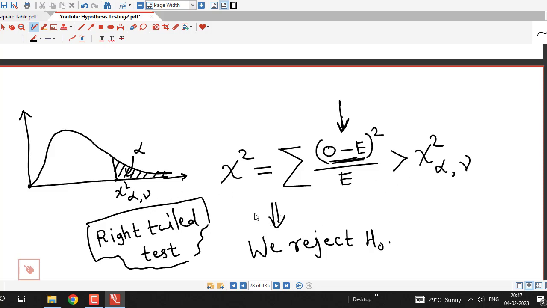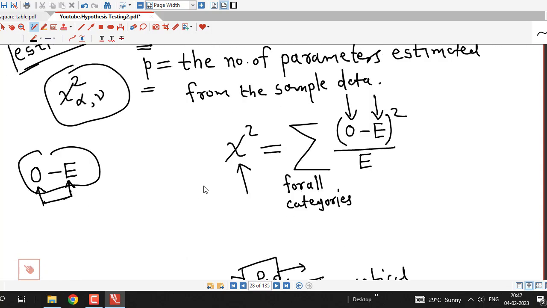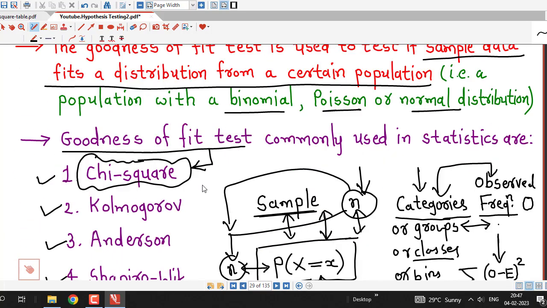So whenever this difference is big, we have more chances of rejecting the null hypothesis. So we will remember that for chi-square goodness of fit test, we always have right-tailed hypothesis test, so that we will consider area alpha in the right tail, and we will use chi-square table accordingly. So this is the procedure for chi-square goodness of fit test.